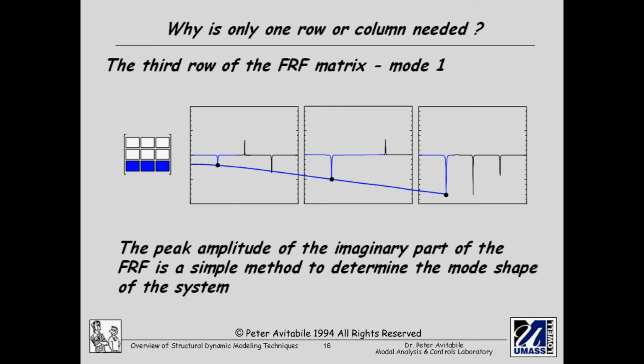Now one of the things I'm going to do here is look at the imaginary part of the frequency response function. It turns out that the imaginary part of the frequency response function is a peak when the real part of the frequency response function is a 0. So what I'm going to do here is look at the magnitude of the imaginary part of the frequency response function. I'm going to look at measurement 3.1, 3.2, and 3.3.